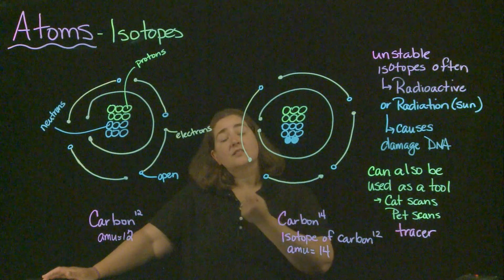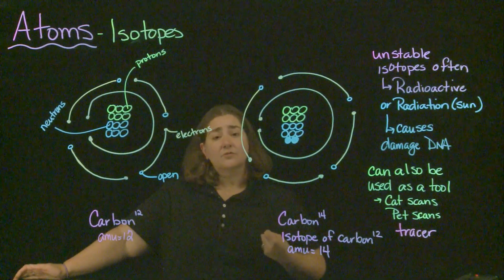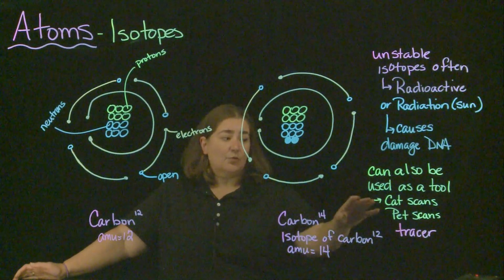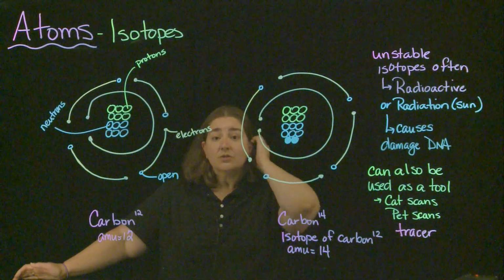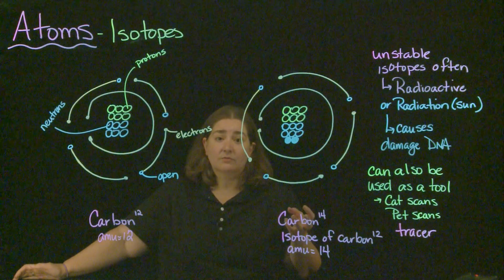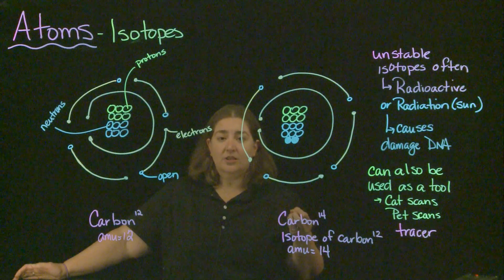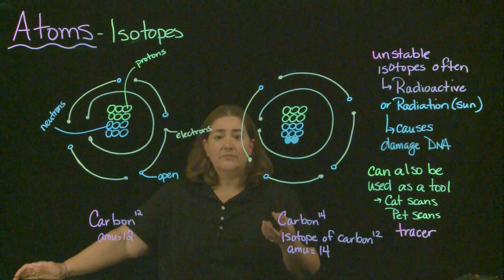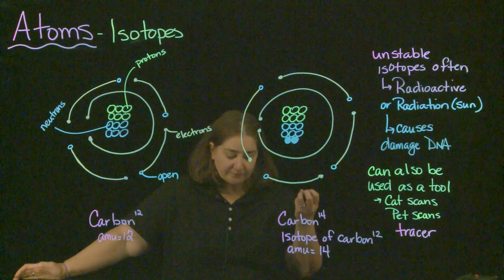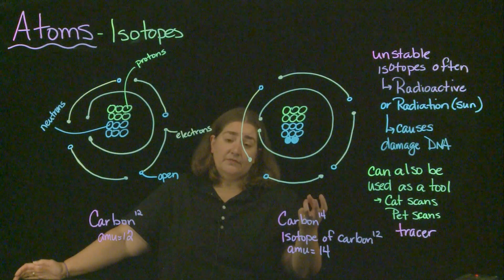So if you have cells that are going to use that particular isotope, it will be sucked up by those cells first. Those CAT scans or PET scans can be used to monitor things like tumor growths. Tumors typically need a lot of energy in order to survive. So typically you get the injection of a radioactively labeled glucose.